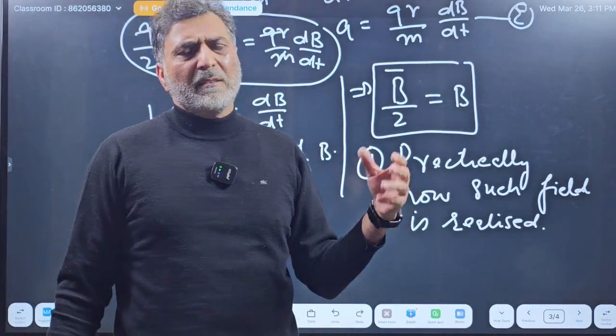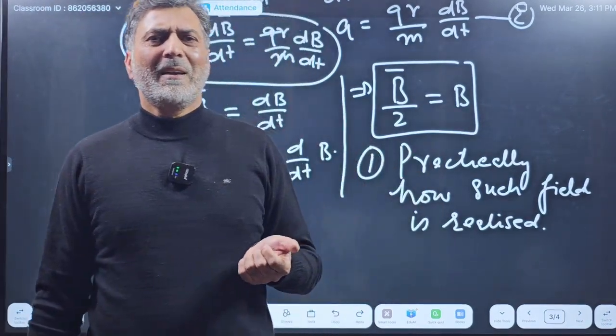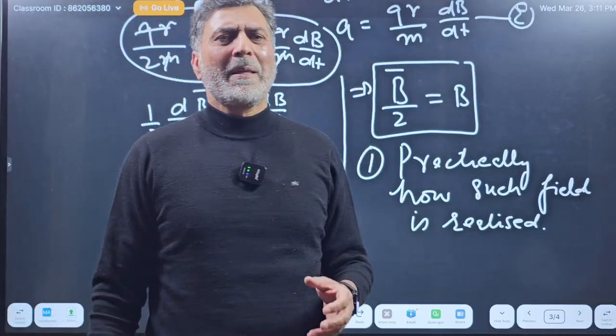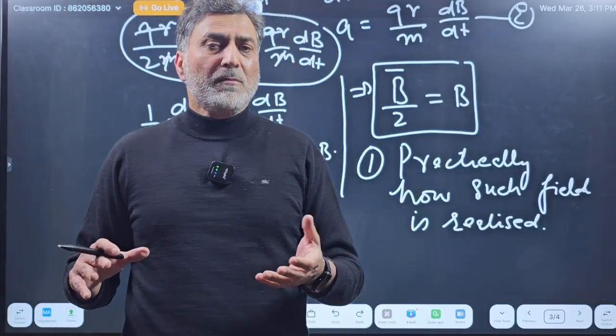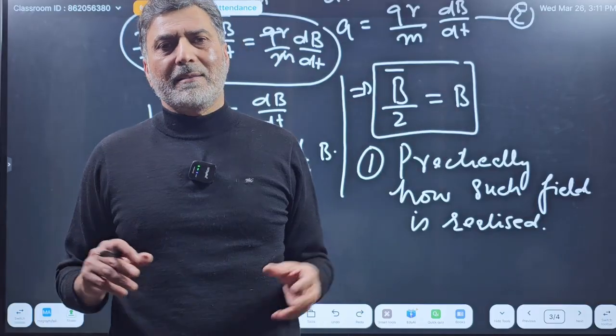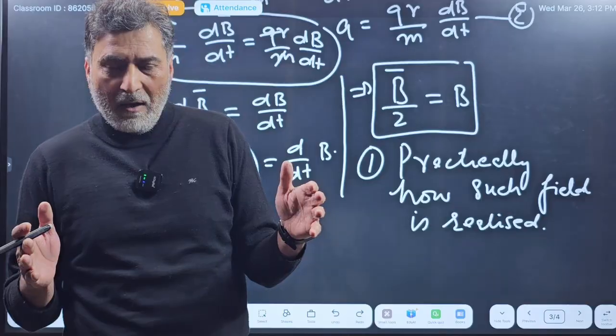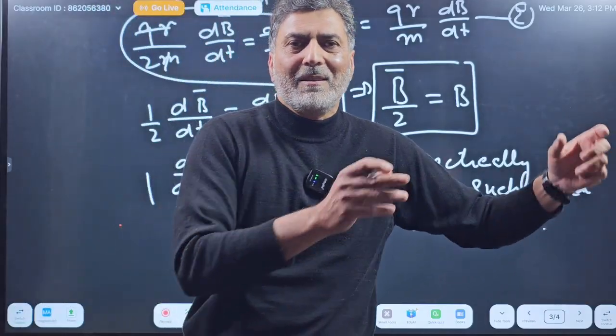It has always been a problem for scientists to accelerate charged particles. They have designed accelerators which are very long in size, even extending to kilometers. And how do they accelerate the charged particles? Through potential differences.